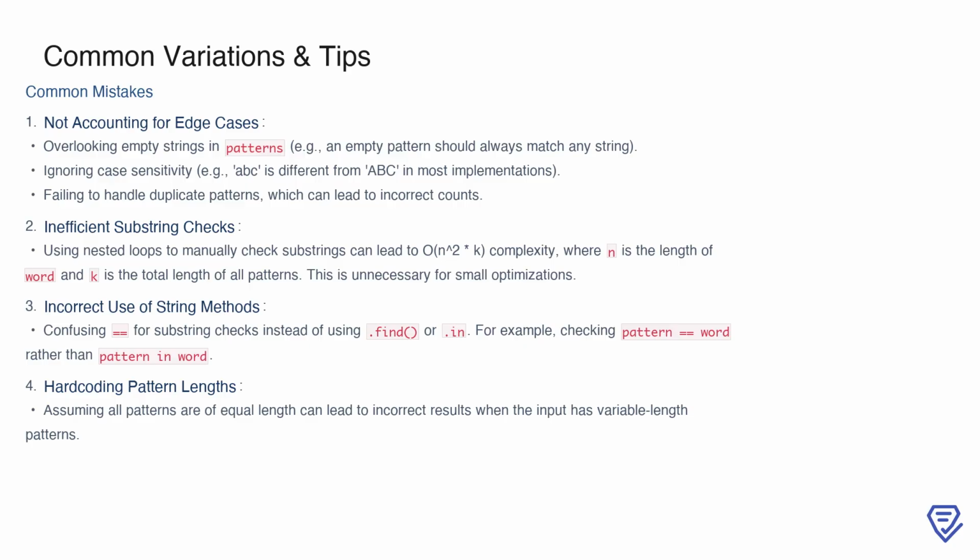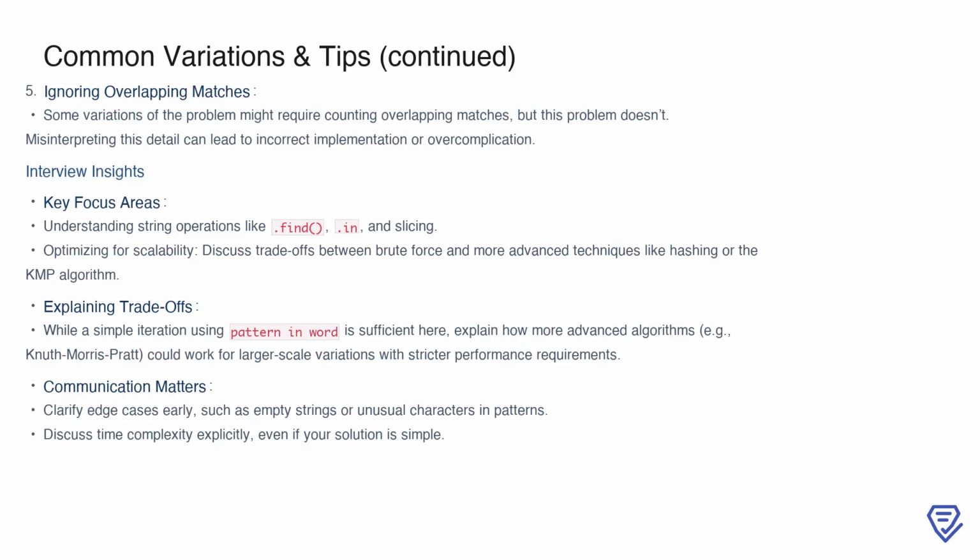Similarly, hardcoding assumptions about pattern lengths can cause your solution to fail when patterns vary in size. Avoiding these pitfalls will make your implementation both correct and efficient. Now, some variations of the problem require careful attention to overlapping matches, but this particular problem does not. Misunderstanding this can lead to unnecessary complexity or incorrect results.